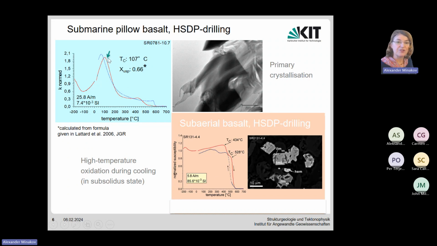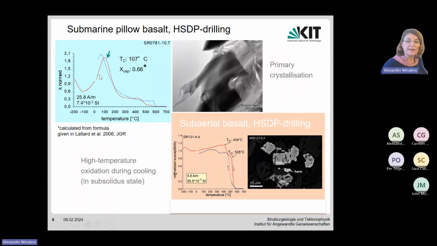And from these Curie temperatures, here we have an example from the HSDP drilling, the Hawaiian Scientific Drilling Project. We had been in Hawaii before in your talks. This is from drill cores of the HSDP, ICDP drilling.